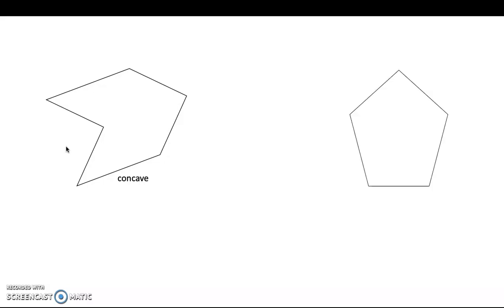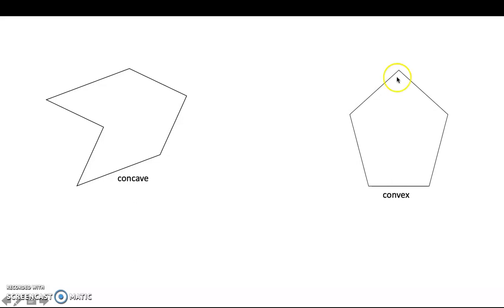Next figure. This is a pentagon. Is that particular pentagon a concave polygon or a convex polygon? Let's see. It's a convex polygon. So, what are the diagonals of this polygon?